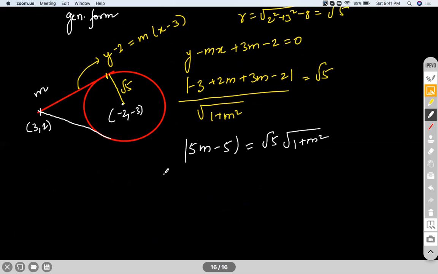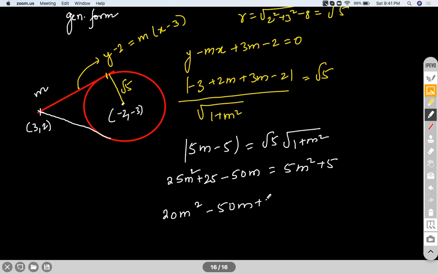Can I square both the sides? So 25m square plus 25 minus 50m is equal to 5m square plus 5. So that means 20m square minus 50m plus 20 equal to 0. Drop the zeros from everywhere.